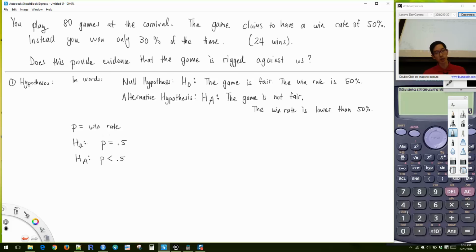Notice that when I write the hypotheses, I'm putting colons and not equals. Don't write the null equals 0.5. That's no good. There needs to be a symbol, something like the null hypothesis says that P is equal to 0.5. So this is bad. This is good.